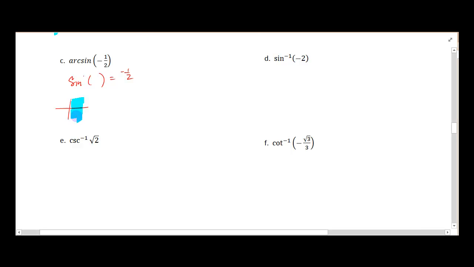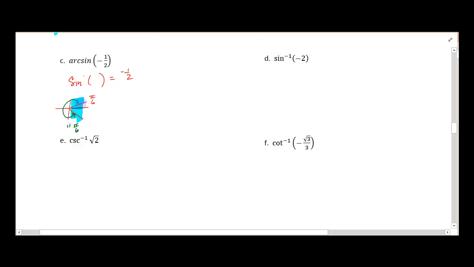So in order to get the sine of negative 1/2, I would normally be looking at pi over 6. Up here, that's pi over 6 for the reference angle. But down here in quadrant 4, now you might be thinking that this would give me 11 pi over 6.